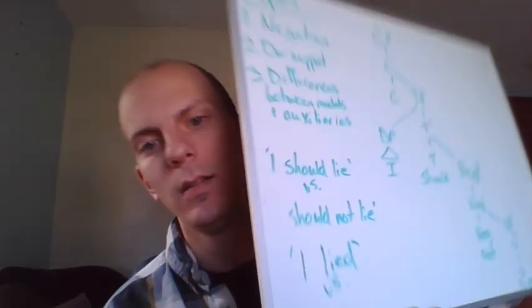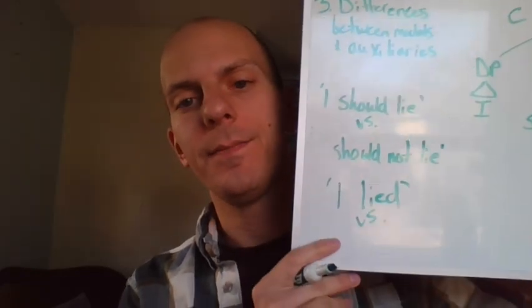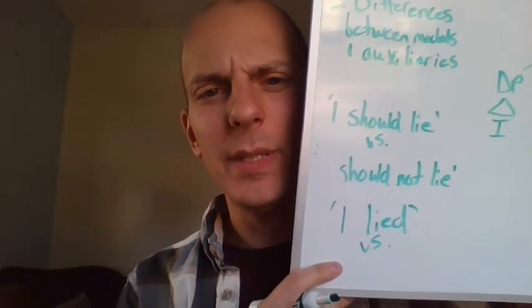So let's look instead, we'll still use the same relative structure. We're going to look at the sentence I lied. No modal there, just the ed in tense. So instead of the should being generated in T there, now we're going to generate that past tense ed. I lied. And how would we negate that?